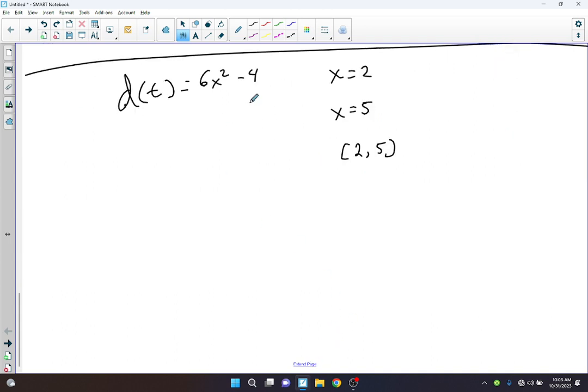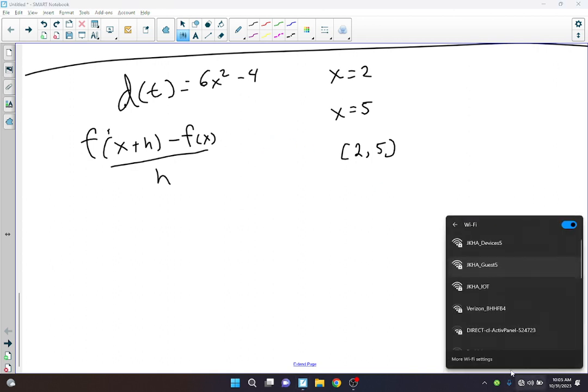So in this situation, I'm going to use the difference quotient, which is f of x plus h minus f of x, all over h. Remember the x's cancel out, so that's why we do it like that. We're going to try to plug it in.